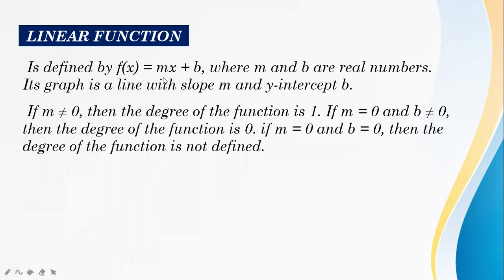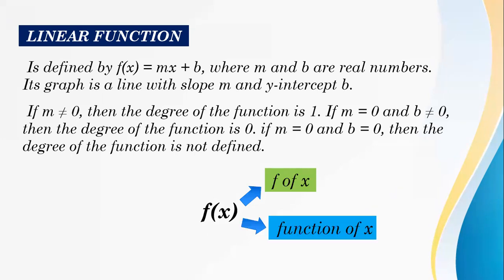So therefore, for a linear function, we have a given graph, a line, and we have the slope and y-intercept. We have this symbol, f of x, or it can be function of x. F of x means y, and y means f of x.